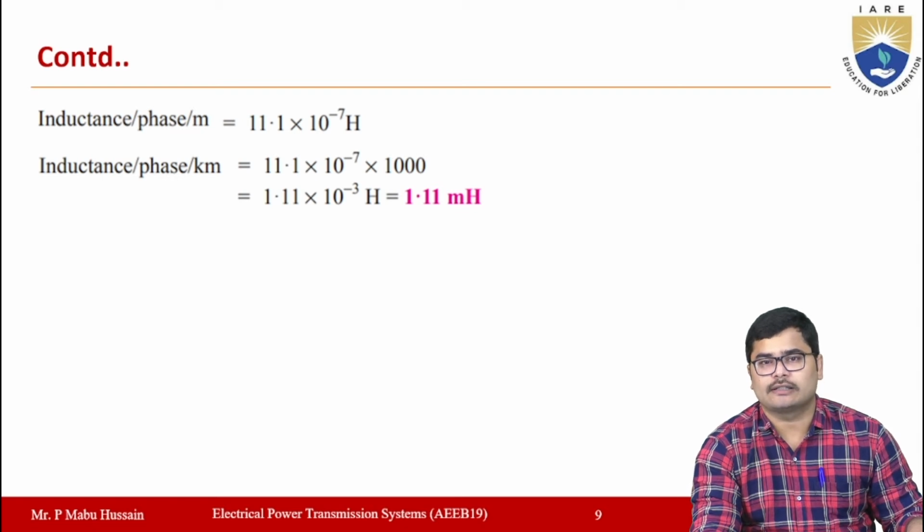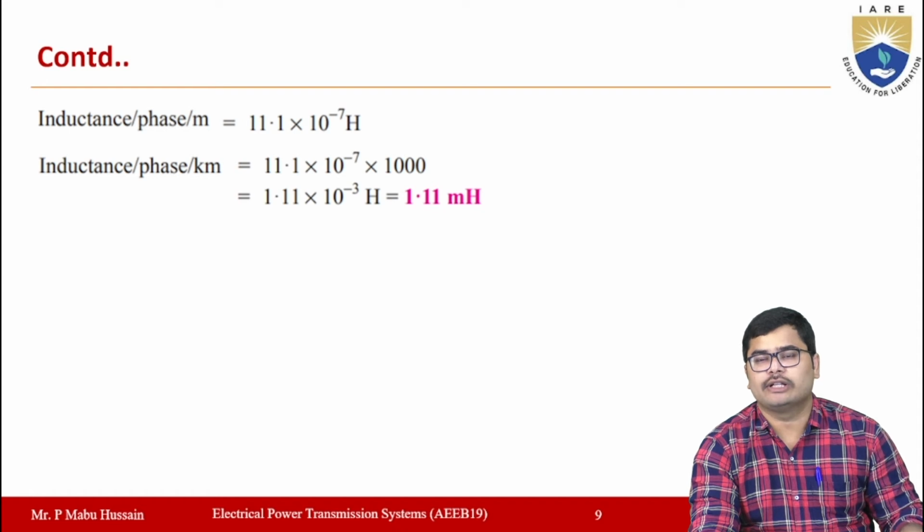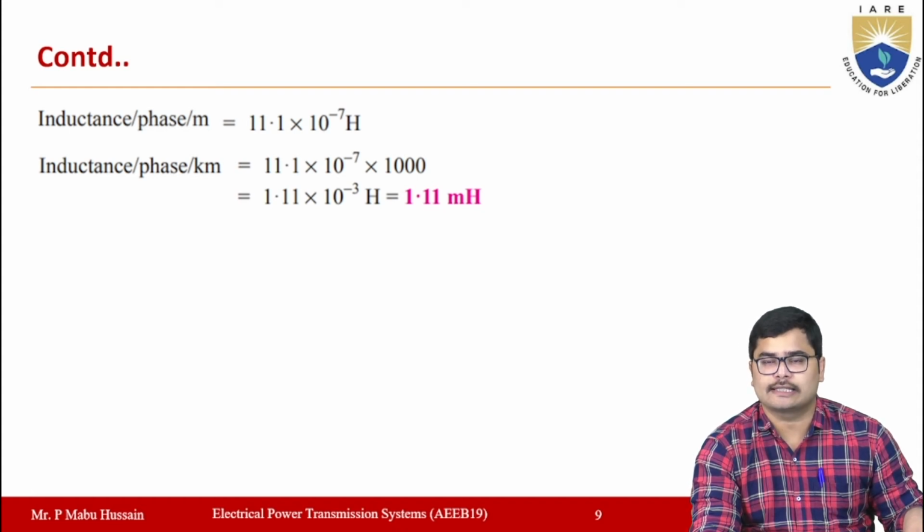So in three cases, when the conductors are placed equilaterally, that means the distance between any two conductors is the same, how we can calculate the inductance. And if the distance between any two conductors is not the same, which is unsymmetrical spacing of conductors, then also we calculated the inductance. And if the conductors are arranged on a horizontal plane, then also we calculated the inductance for a single circuit three-phase transmission line system.